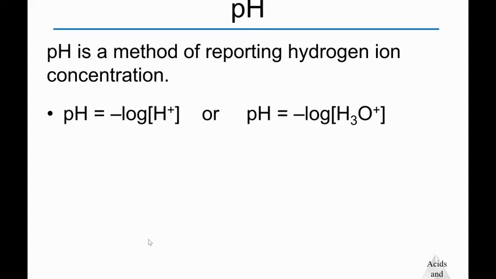So on your equation and constant sheet, you can find both of these. pH is the negative log of the concentration of the hydronium or H plus ion.